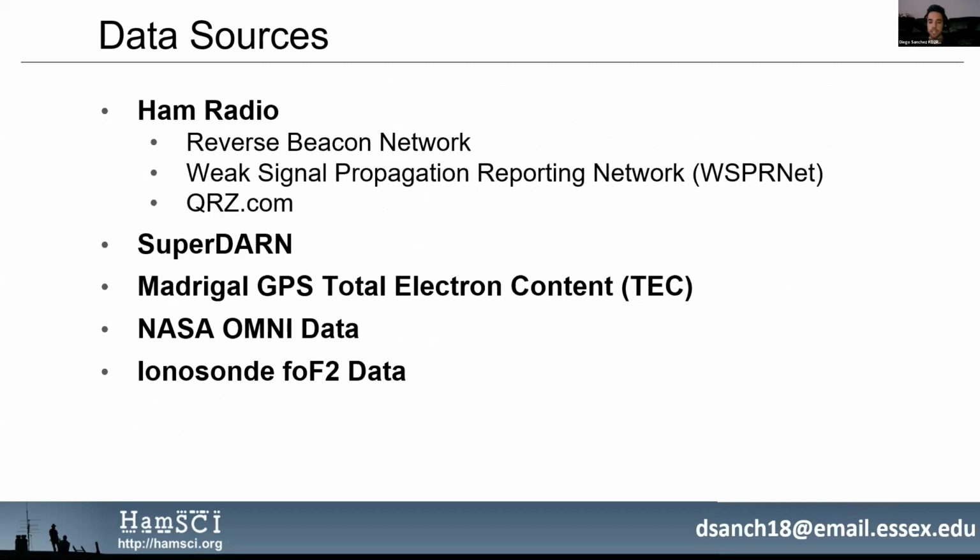The primary data sources I used here are ham radio, the Reverse Beacon Network, and the Weak Signal Propagation Reporting Network. The majority of our plots tend to lean more towards WhisperNet data instead of RBN, but we also use SuperDARN, the GPS TEC, NASA Omni data, and foF2 data from ionosondes.